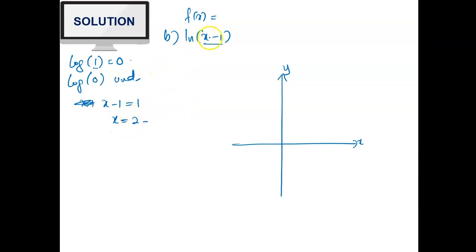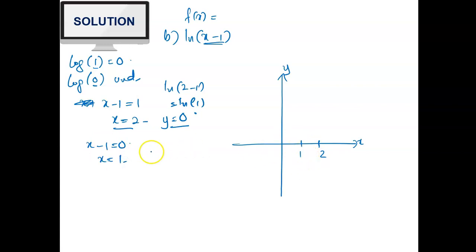Let's try: natural log of 2 minus 1 equal to natural log of 1, and natural log of 1 equal to 0. So when x equal to 2, y equal to 0, the point (2, 0) here. And let's compare x minus 1 with 0. X minus 1 equal to 0, then x equal to 1, somewhere around here. When x equal to 1, 1 minus 1 equal to 0, and natural log of 0 is undefined. So x equal to 1 becomes the vertical asymptote.